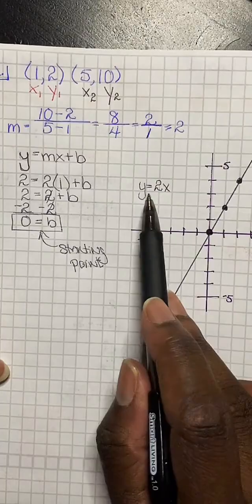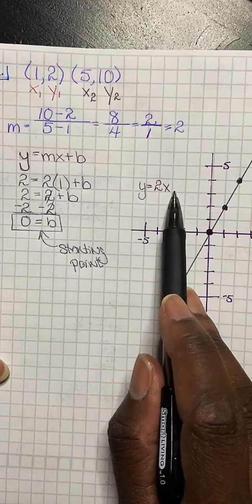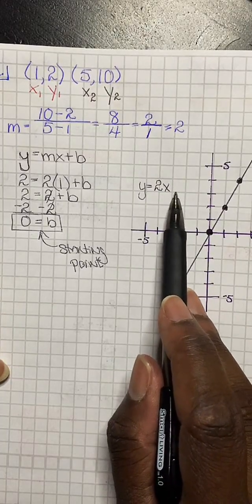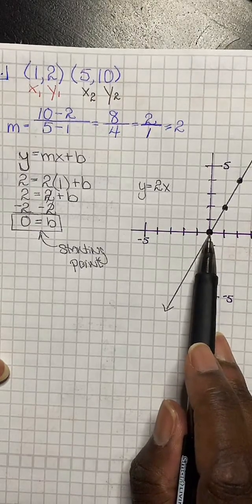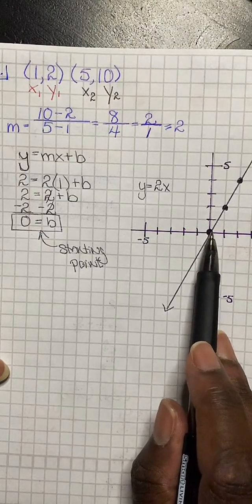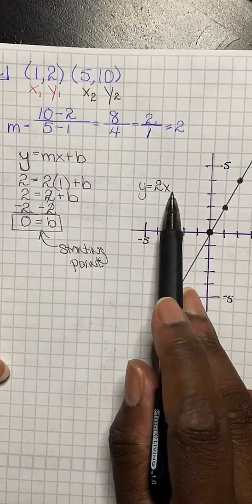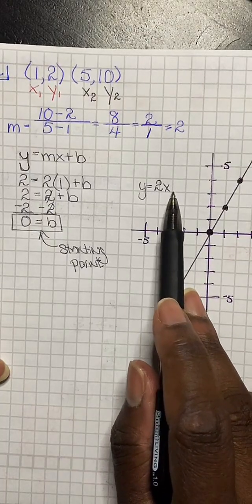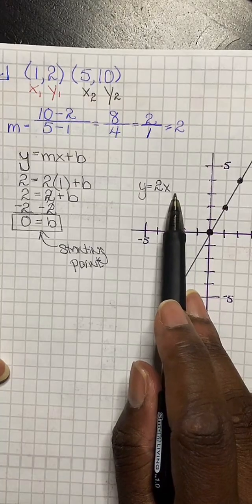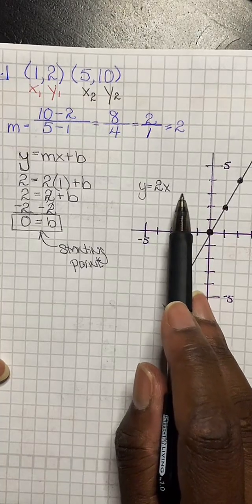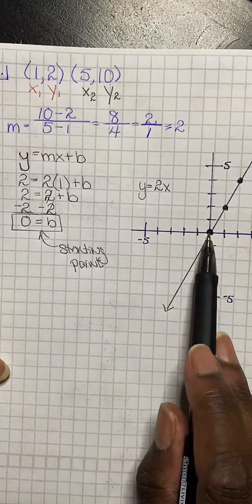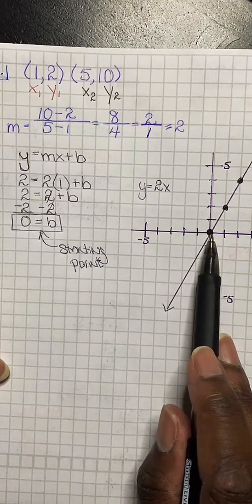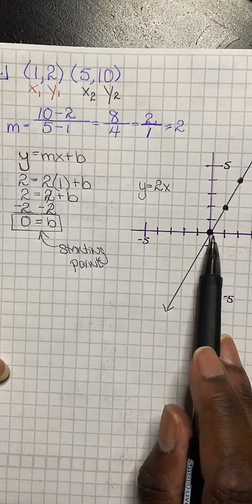But understand, when you don't see a plus or a minus a number, that means your y-intercept is always going to be 0. I'll say that again. If you got an equation of a line and you don't see a plus a constant, or minus a constant, that means your y-intercept is going to be 0. And that's each and every time.